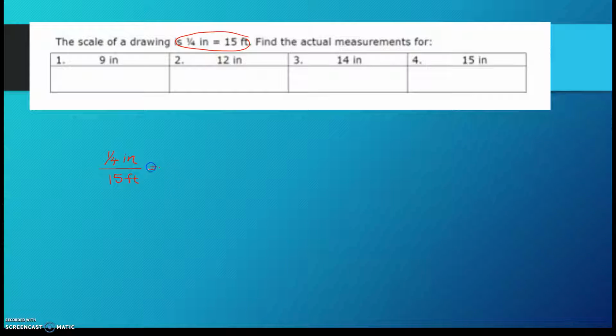Each one we're finding our actual, and you're just going to plug your amount into the top. So 9 inches would go here, 12 inches would go here, 14 inches would go here, and 15 inches would go there. So plug it in, and then you're going to solve these 4 on your own. So press pause and do that.